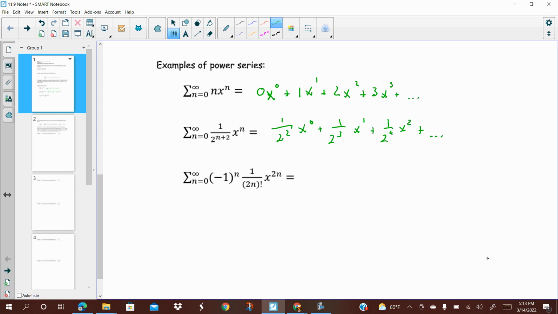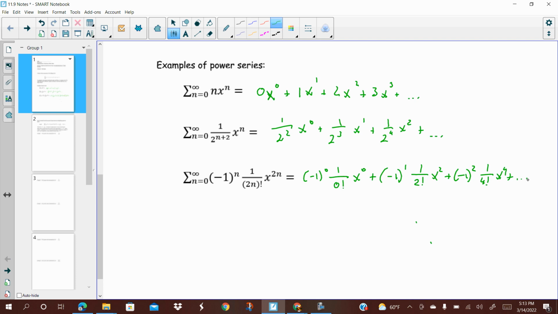And then in the last one here, the only difference between doing this one and the other ones is that we've got this alternating term. So if we start with 0, negative 1 to the 0 power, 1 over, let's see, that'll be 0 factorial, plugging in a 0 for n, and then x to the 0, plus negative 1 now to the first power, because I'm plugging in 1 now, 1 over 2 factorial, x squared, plus negative 1 to the second power, 1 over 4 factorial, x to the fourth, and so on.